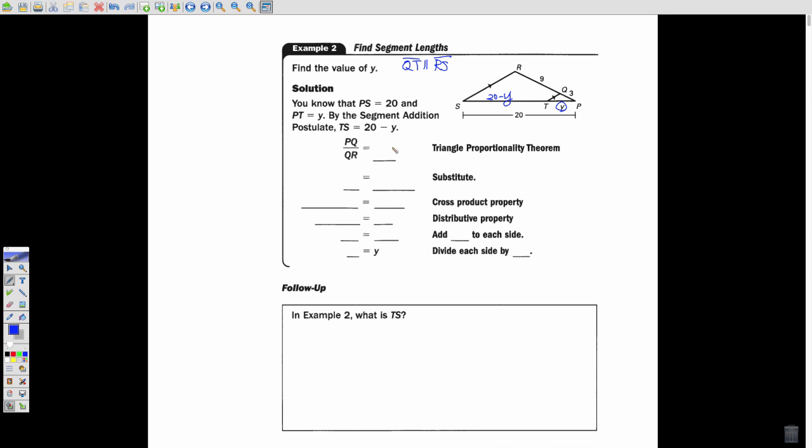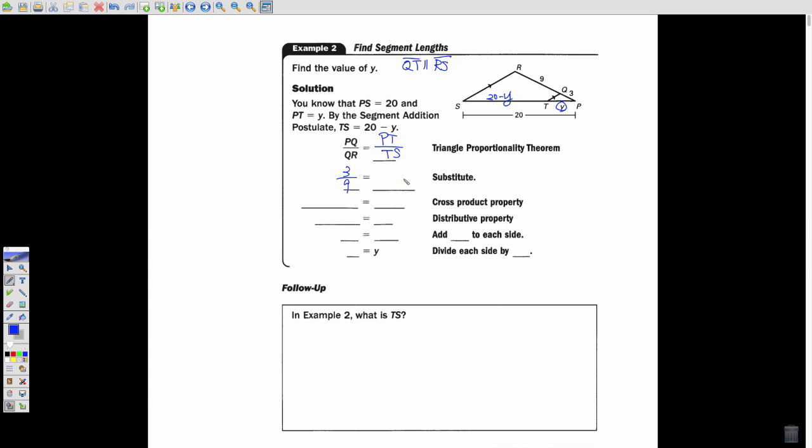So now we set it up. It should be PQ over QR, which is 3 over 9, should equal PT over TS. And then we do our substitution.